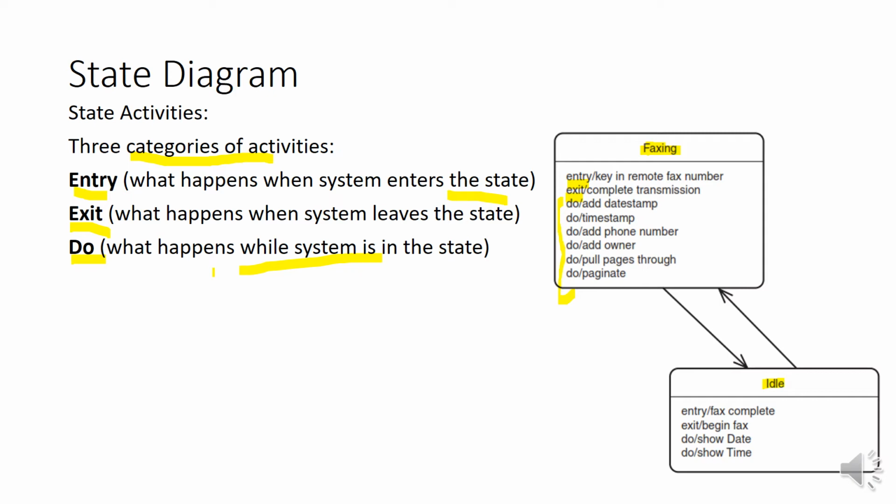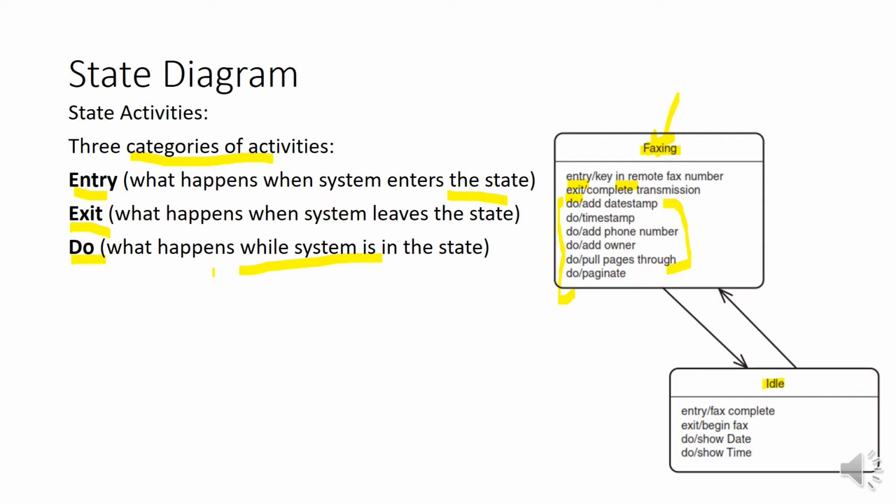As a result of this, the object will be in this state. Exit activity is when the object completes these activities which are mentioned with the do symbol.